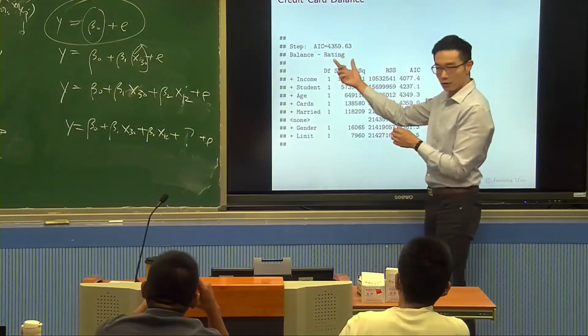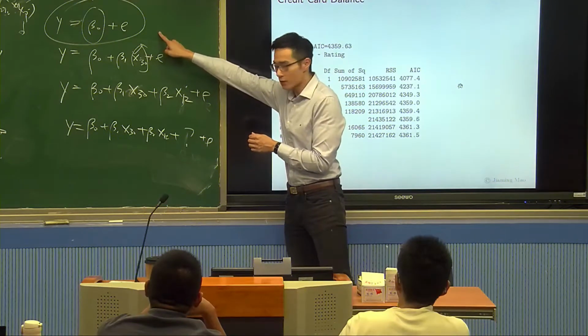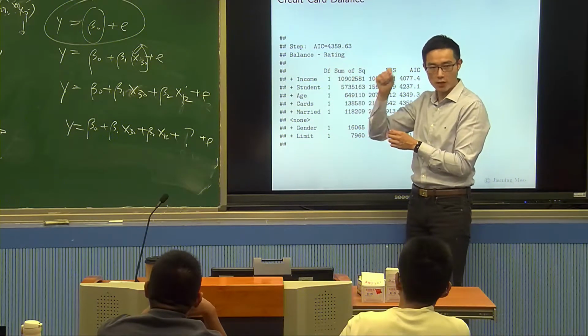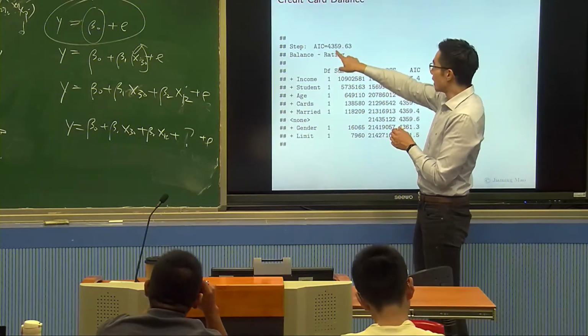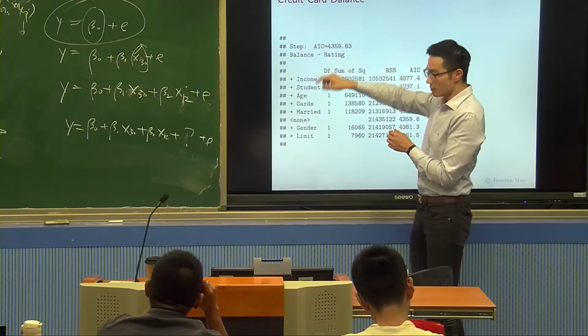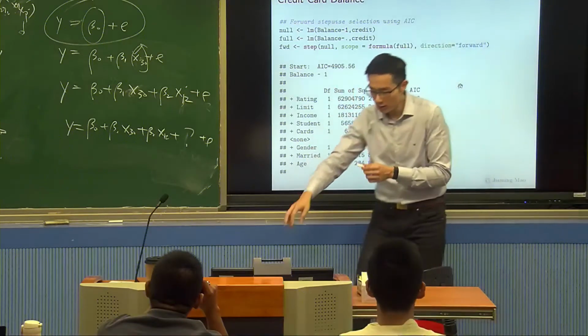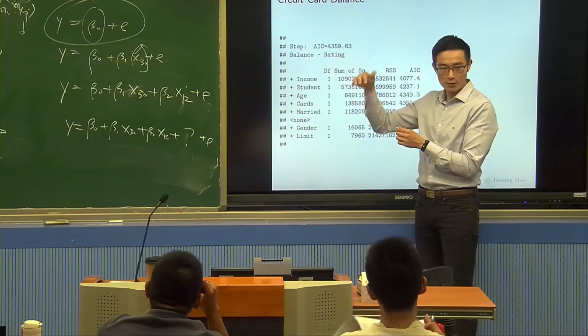My first step goes from only intercept to balance regressed on rating. So rating is the first variable we pick. After picking rating, the AIC declined from 4905 to 4359. So the AIC has declined.